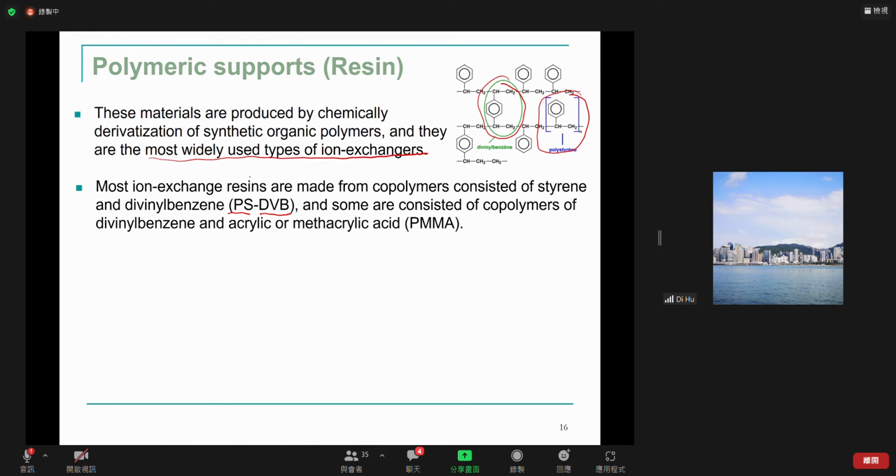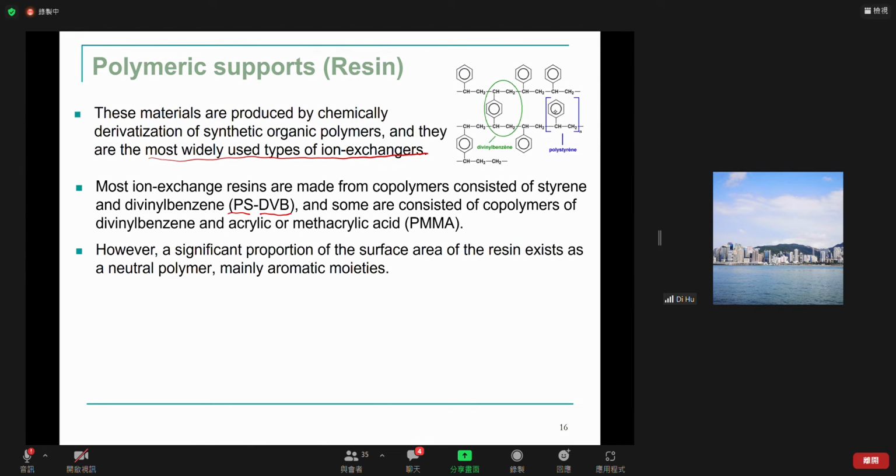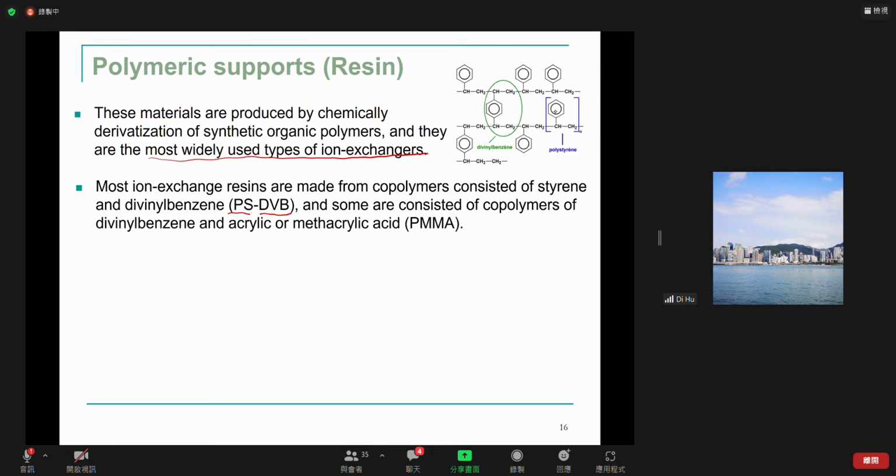PSDVB means polystyrene and divinylbenzene. You can see that they form the copolymer. Sometimes they also consist of copolymers of divinylbenzene with some acrylic or methyl acrylic acid.